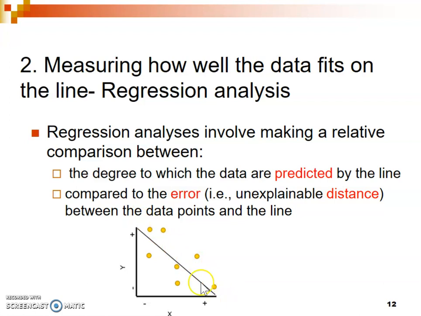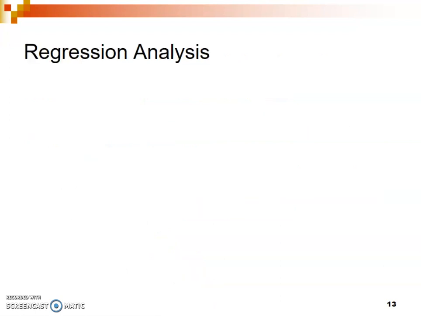The predicted variability is the extent to which our actual data points are forming a line, versus the error, which is the degree to which our data points are not falling on that line. We can't explain why these data points aren't falling exactly on our regression line. Since we can't explain why this person is higher than they were expected to be based on this line, that is our error in the regression analysis.